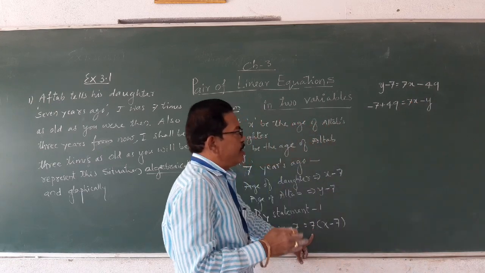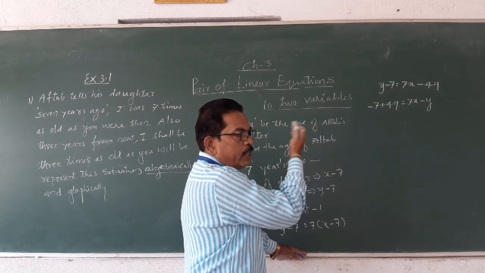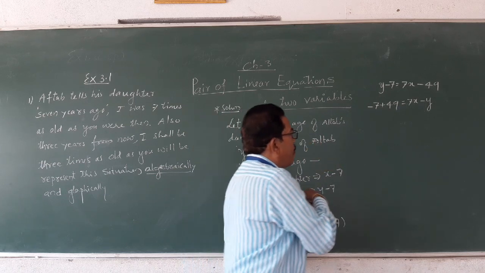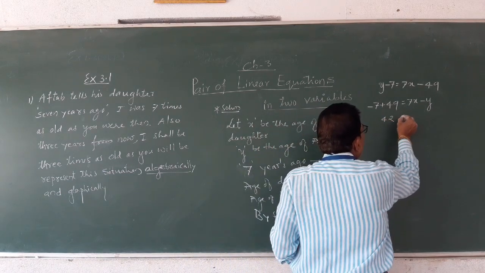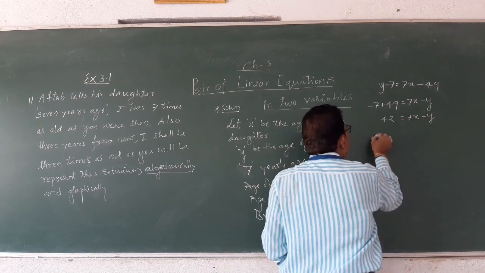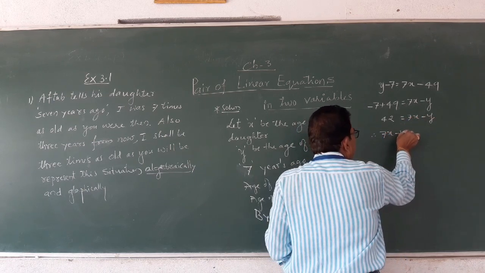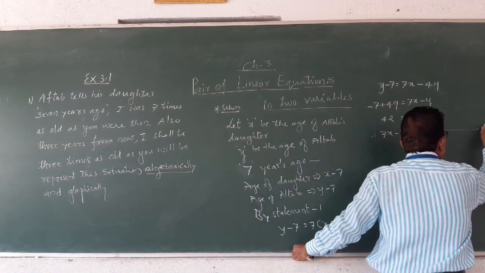What we did? We just arranged the terms according to variable one side, numbers one side. 49 minus 7, that is 42, equals 7x minus y. Therefore 7x minus y equals 42 is the first equation.